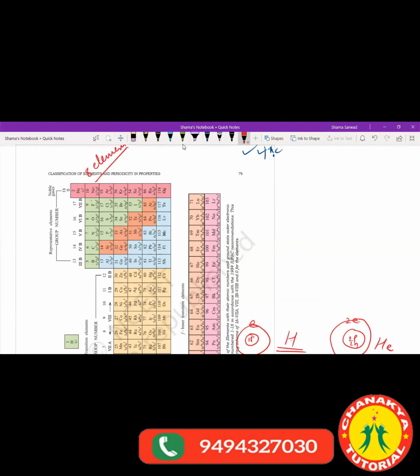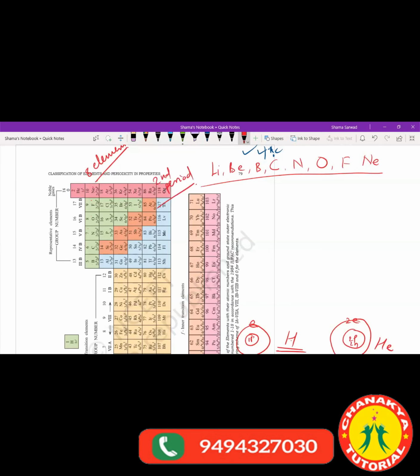For your understanding, I'll write all the elements here: lithium, beryllium, boron, carbon, nitrogen, oxygen, fluorine. And after fluorine, there would be neon, right? So these are the second period, correct?